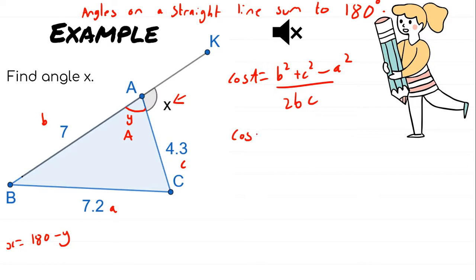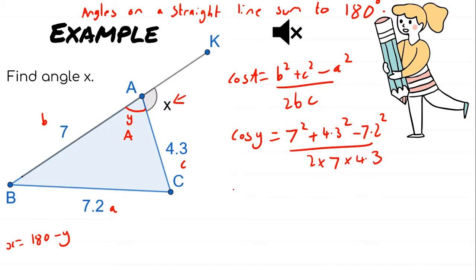We're going to substitute, so that's going to be cos Y now. So not cos A, but cos Y. B squared, we're going to say 7 squared plus 4.3 squared minus 7.2 squared over 2 times 7 times 4.3.